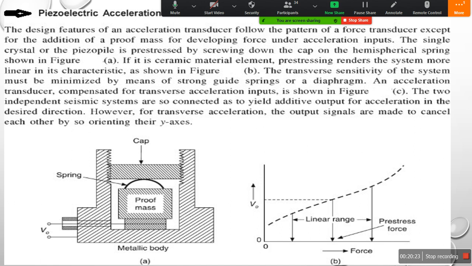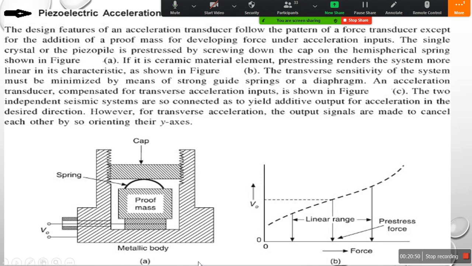Now coming to the other type, the piezoelectric acceleration transducer. So far you have observed the piezoelectric force transducer, and this is about the piezoelectric acceleration transducer. The design features of an acceleration transducer will follow the pattern of a force transducer. So both will be the same, except for the addition of a proof mass for developing the force under the acceleration impulse.